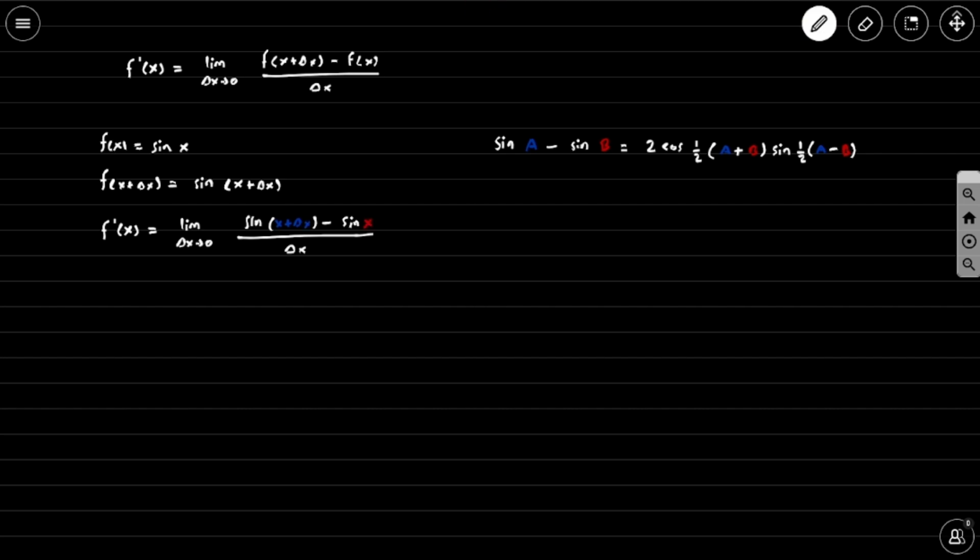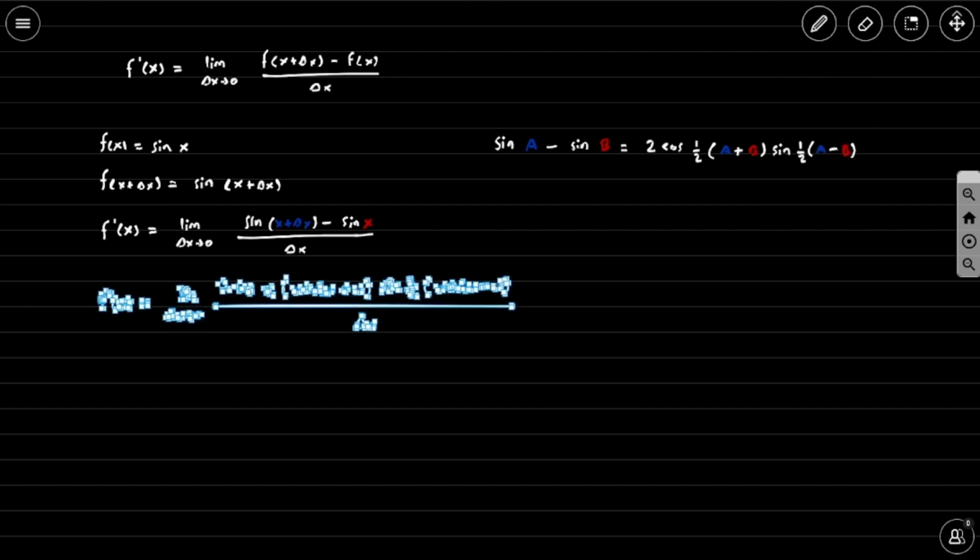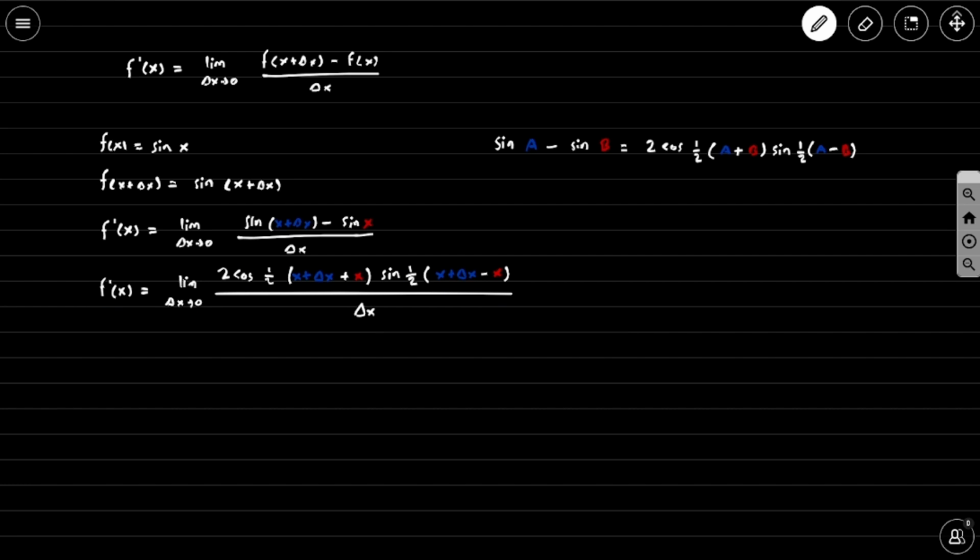So we know that x plus delta x is our a, colored as blue, and x is our b, colored as red. So we can write f prime x equal to the limit as delta x approaches 0 of 2 times cosine of half of x plus delta x plus x, times sin of half of x plus delta x minus x, over delta x.